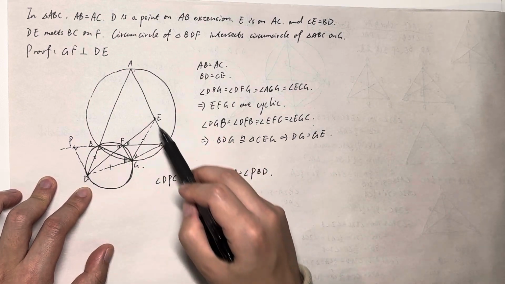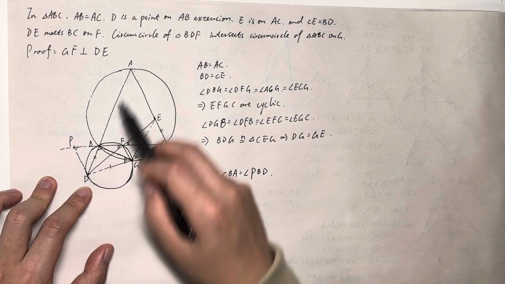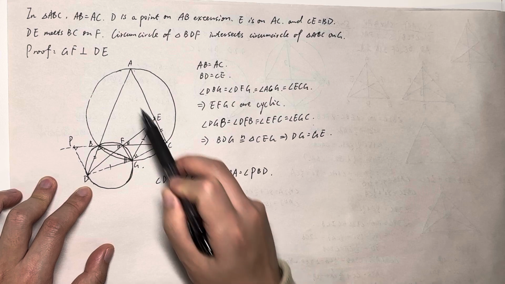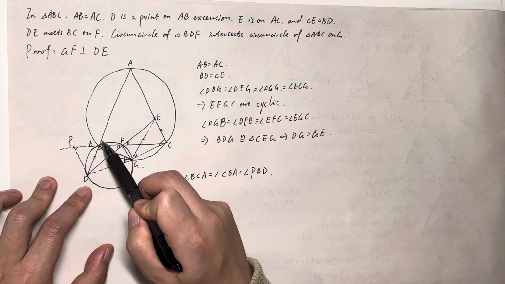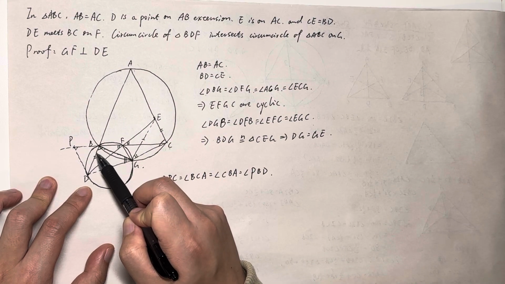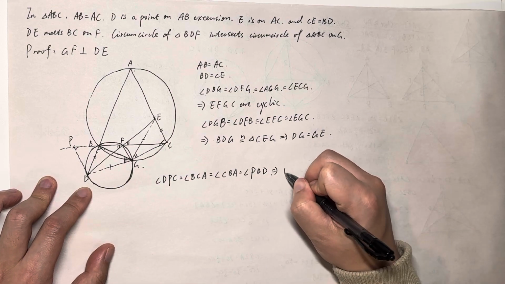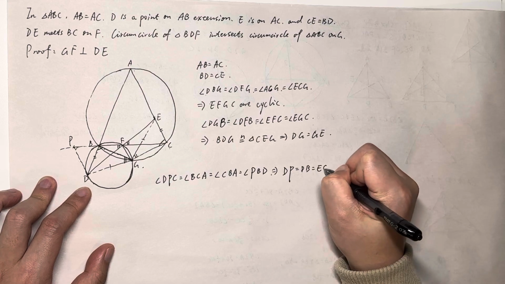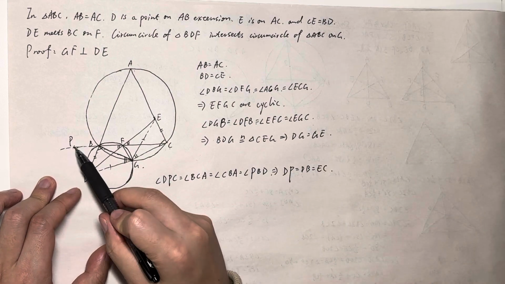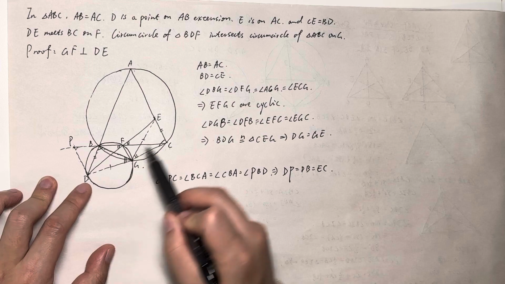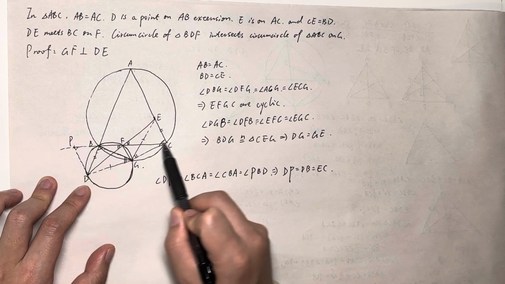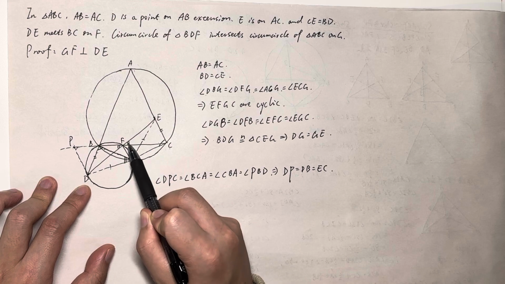Because these two lines are parallel, this angle equals this one, and because AB equals AC, this one equals this one. So eventually DP equals DB equals EC, right?